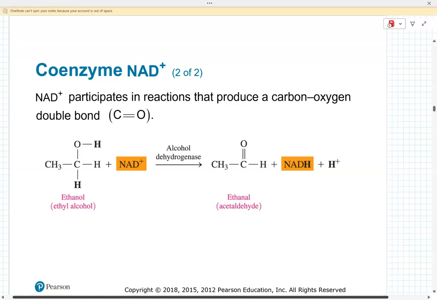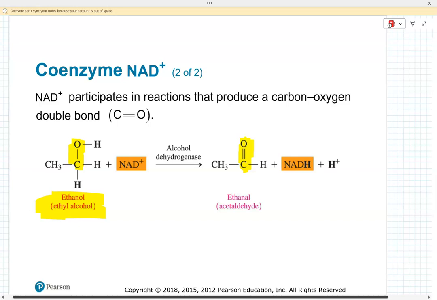So NAD+, look at another example. You have ethanol, right? When ethanol is oxidized, how many bonds between the oxygen and the carbon in the molecule of ethanol? How many bonds? Oxygen and carbon, the one that I highlighted. 1. How many bonds between oxygen and carbon in the molecule? 2.